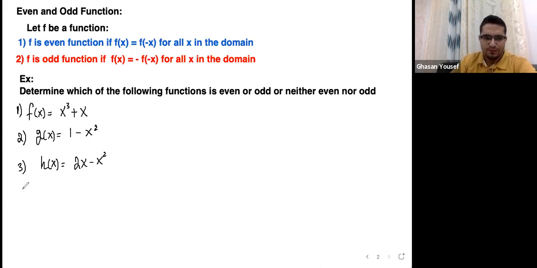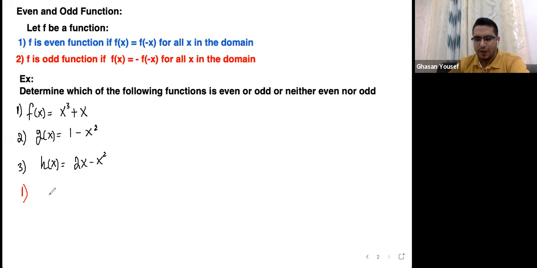So for the first one, to check if the function is even, Anta said the first one is odd. How did you know this? Can you explain how you know? Because of the exponent.